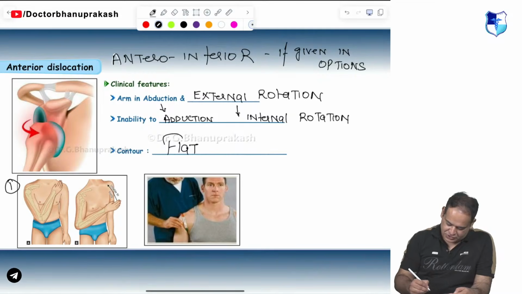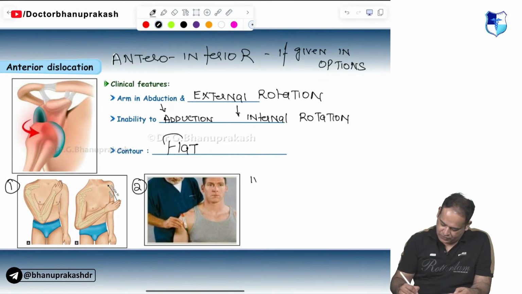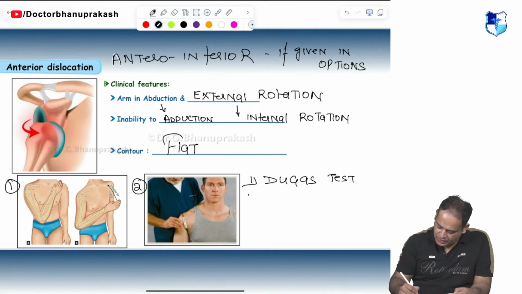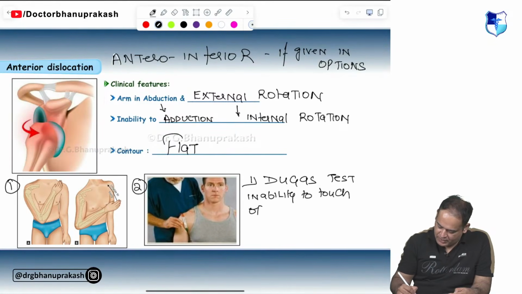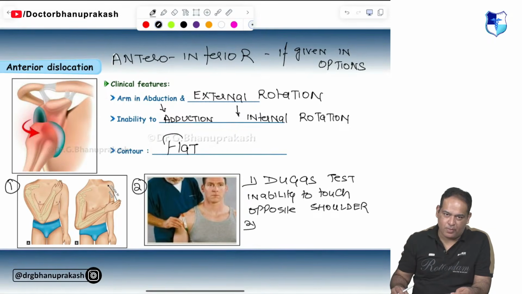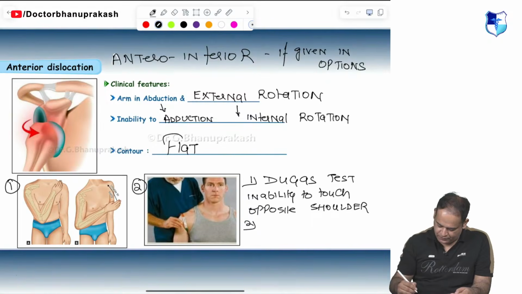Then the test. So the first test here is Dugas test. Dugas test, that means inability to touch opposite shoulder, fine.